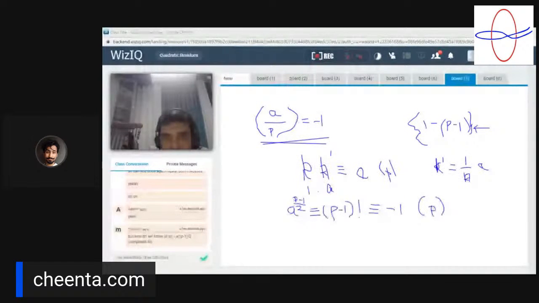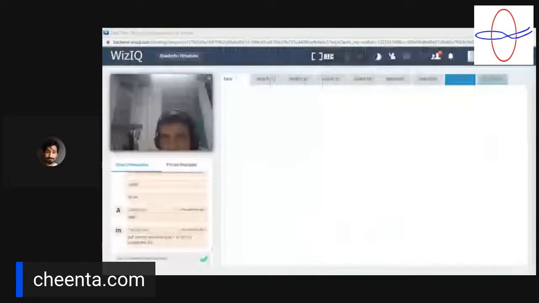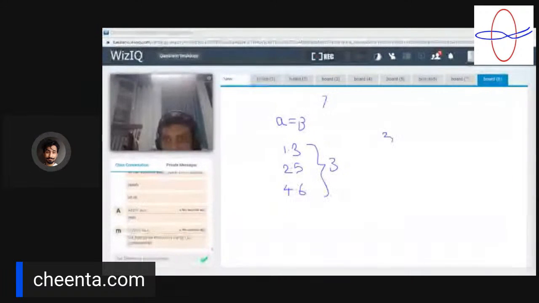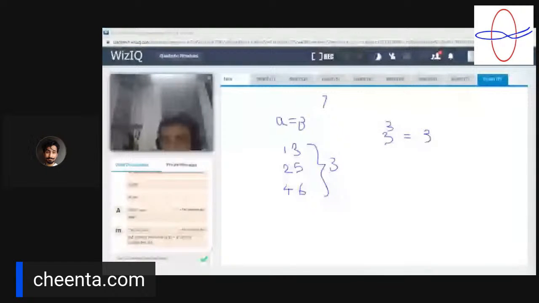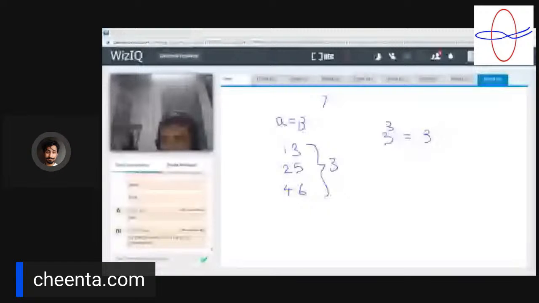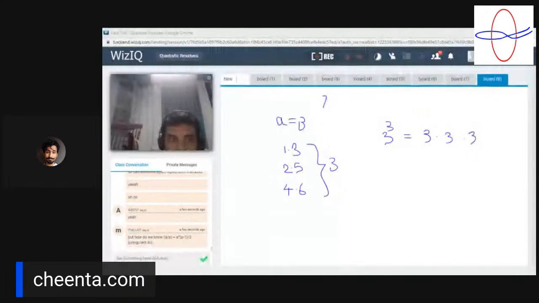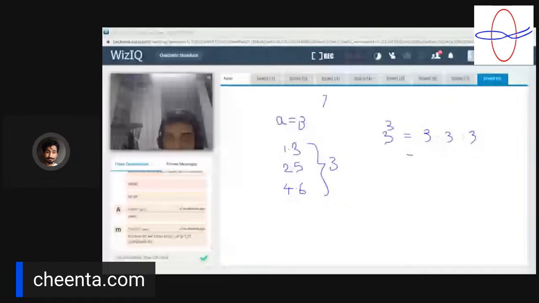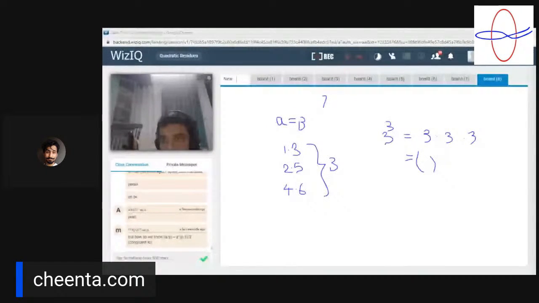So instead of 3 raised to (7 minus 1)/2, which is 3, you'll first open this up as 3 into 3 into 3, and each of these 3s you'll replace with one pair from here. So you'll have 1 into 2 into 5 into 4 into 6, which is just 6 factorial.